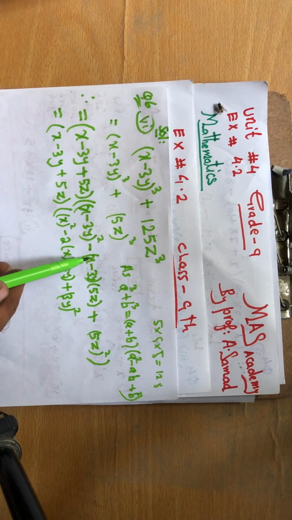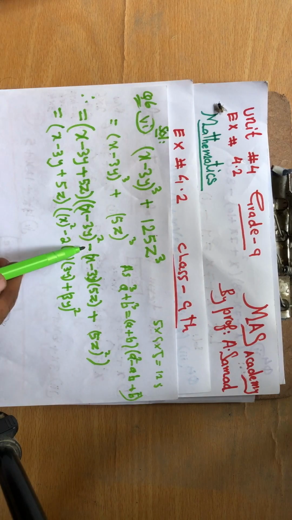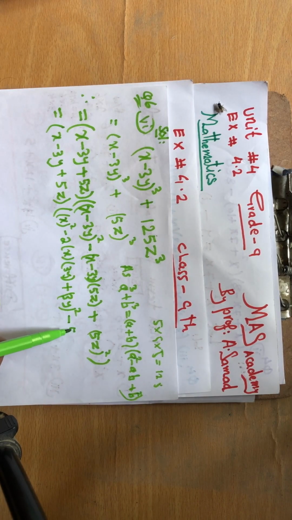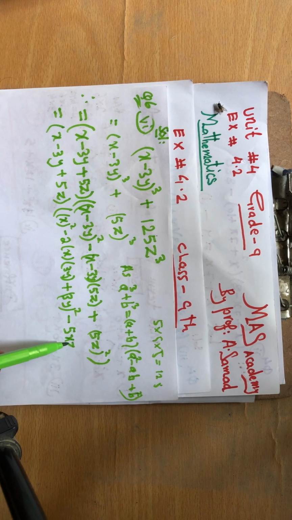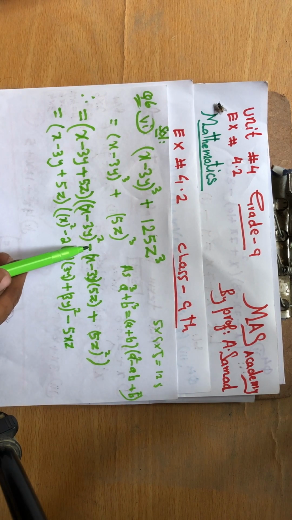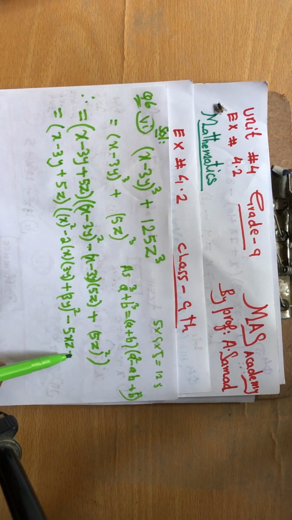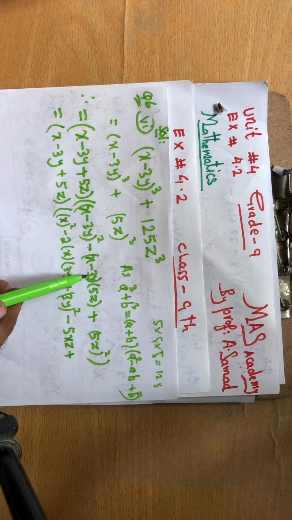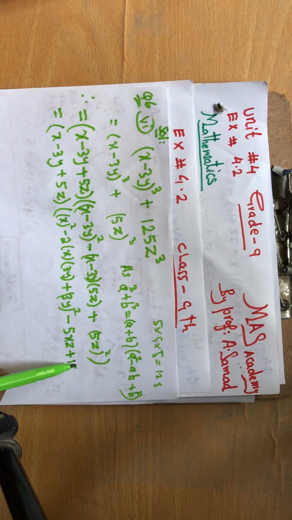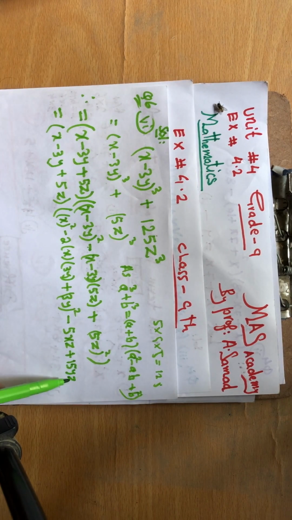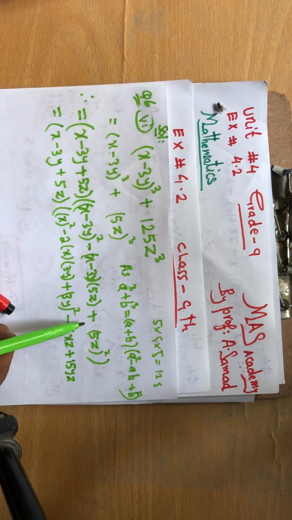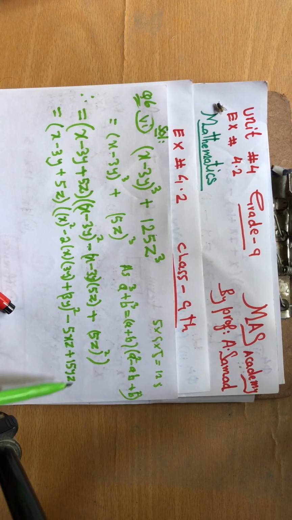After that, we multiply 5z with x, it comes 5xz minus, and again minus minus comes plus, 3y times 5z, it means 15yz, and 5z square means 25z square.